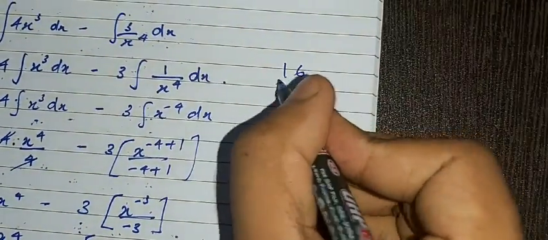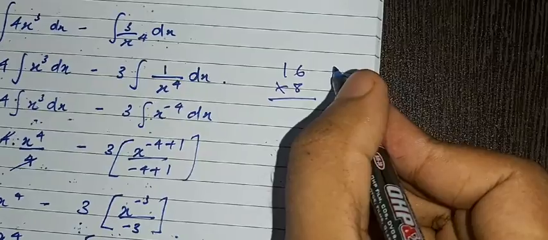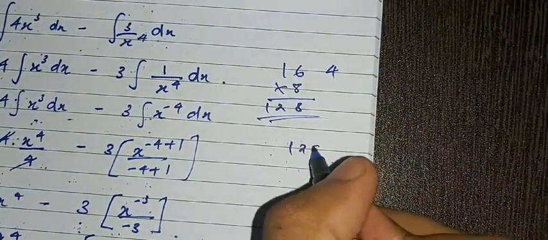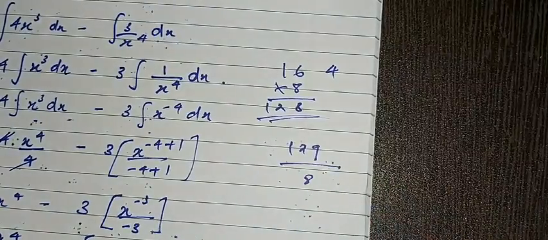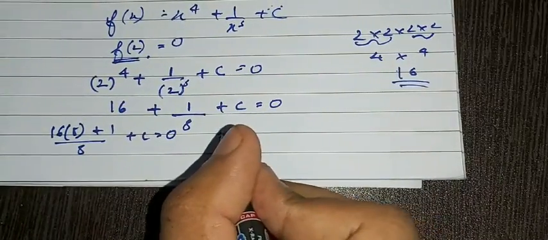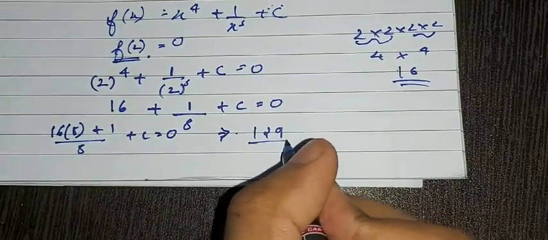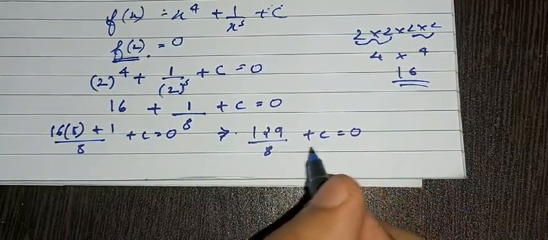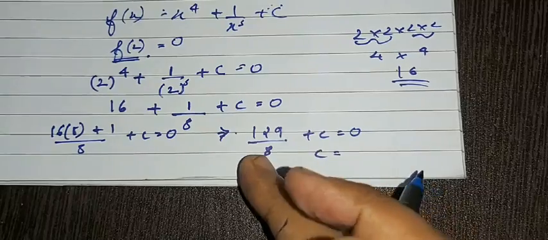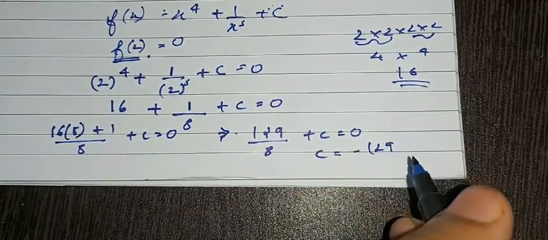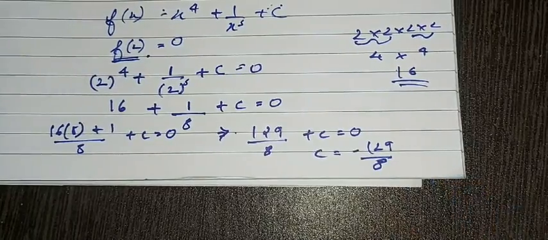What is 16 into 8? 6 8s are 48, 8 1s are 8, so 128. So 129 by 8 plus c is equal to 0. So what is c here? C is equal to, this is taken to this side, so minus 129 by 8.